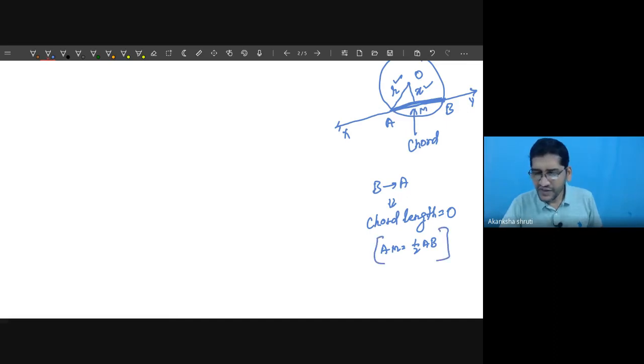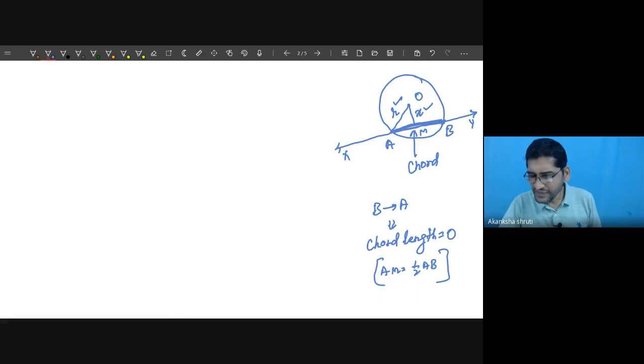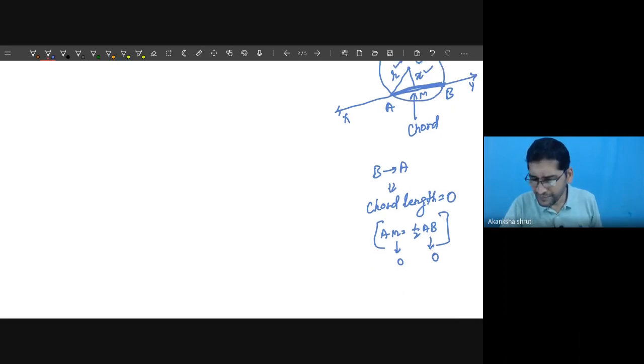So this AB length becomes 0, or the AM length becomes 0. In this case, what will happen?